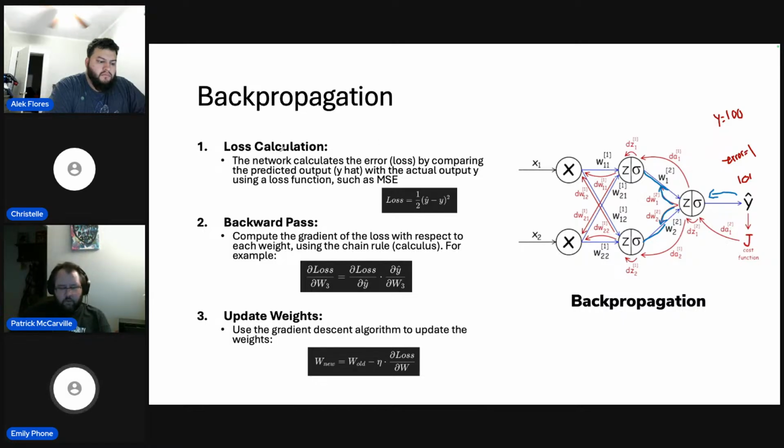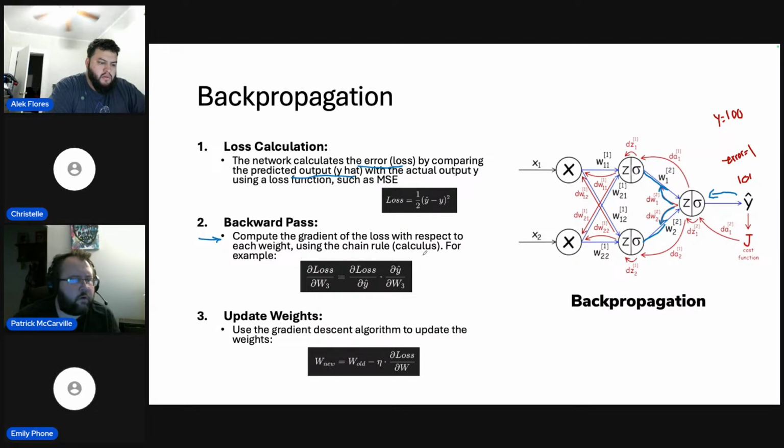So the first thing to do is the loss calculation. First, we need to calculate the error by comparing what we predicted, y hat, with the actual output of our function. So we have here 1/2 (y hat minus y) squared. And then we can send this information backwards. We can compute the gradient of the loss with respect to each weight using the chain rule.